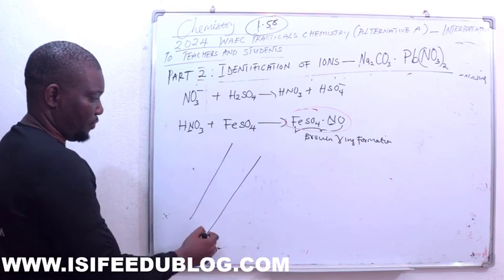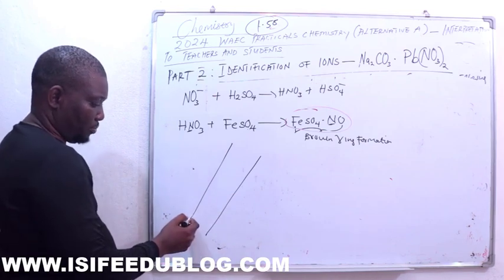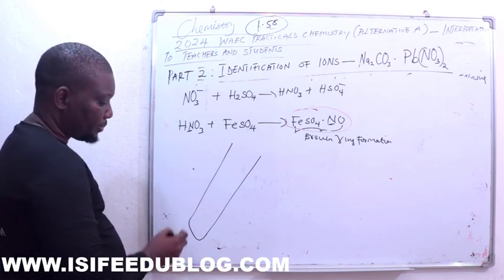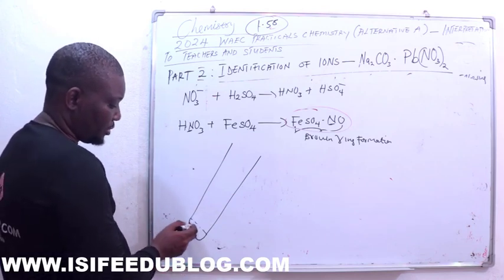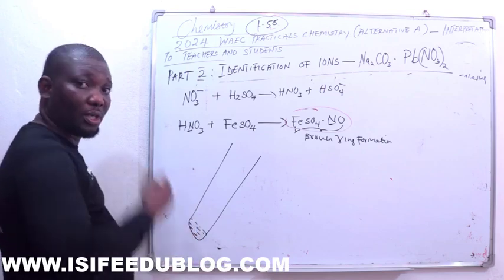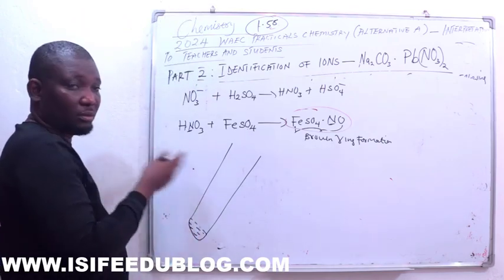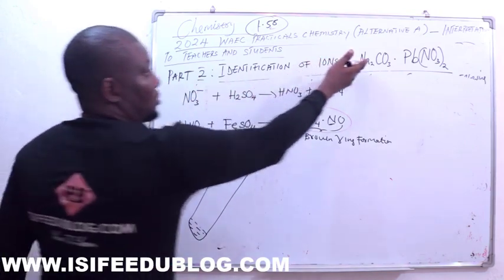In brown ring formation you always place your boiling tube in a slanting position, and this is your filtrate.